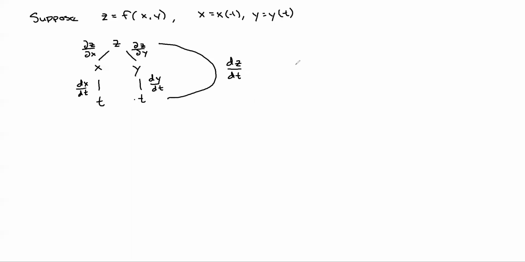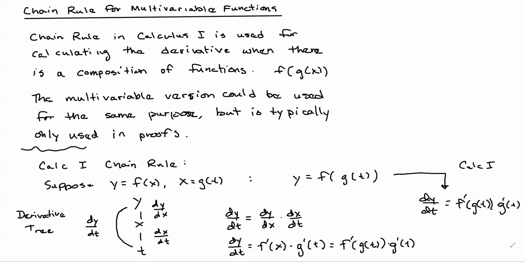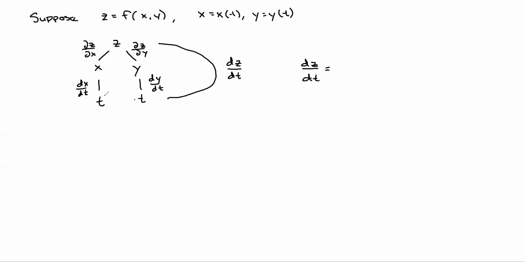Now, in terms of what the definition is going to end up being here, as I said for the last example, you multiply down the chain. So if you multiply down the chain, we're going to have the partial of z with respect to x times dx dt, and the partial of z with respect to y times dy dt.